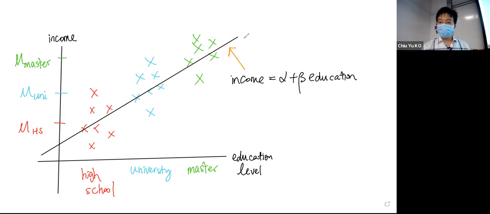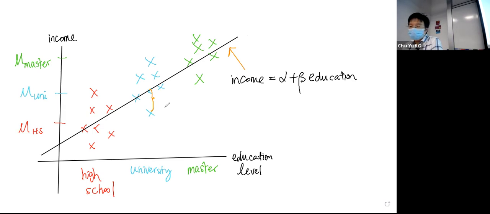Is to find a line that would best fit the scatter plot, right? And how do we define the best fit? By vertical distance, right? The reason is that we're trying to explain different levels of income. So it's not explaining education level; rather we are using education level to explain income.